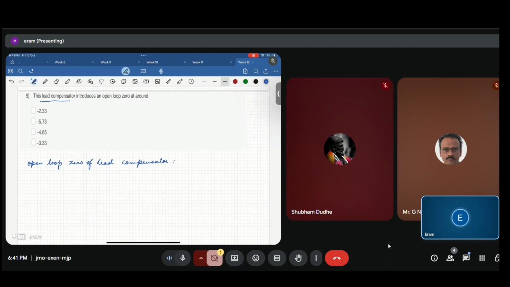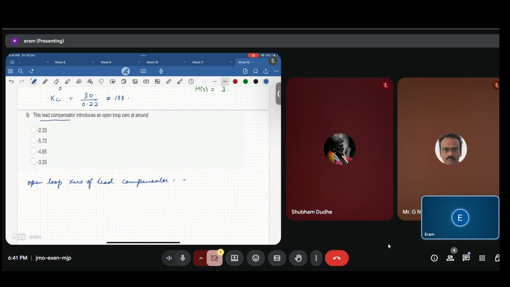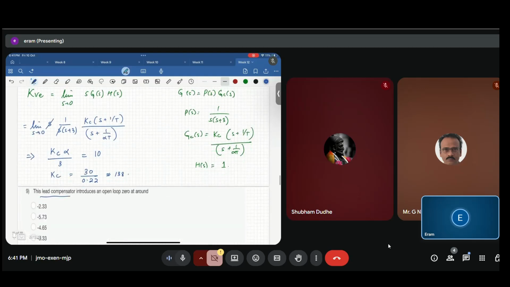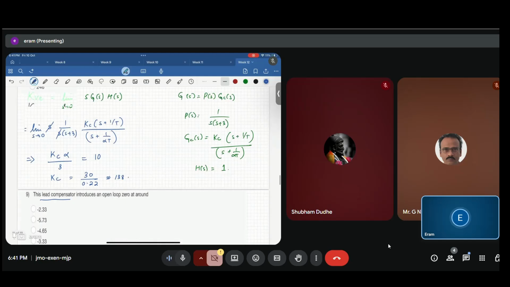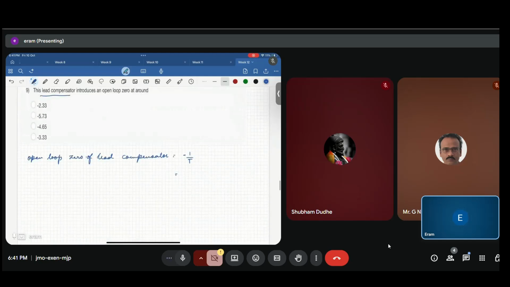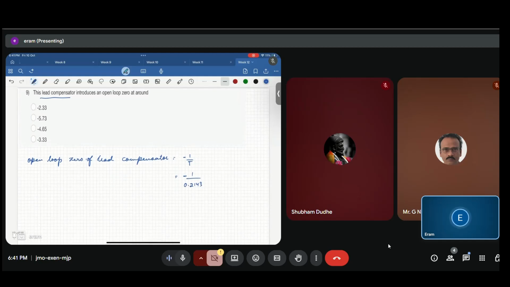So we know that for a lead compensator we have a zero at minus 1 by T, and T we have already calculated, which was equal to 0.2143. So minus 1 by 0.2143. So this will give you a value around, just simple calculations.